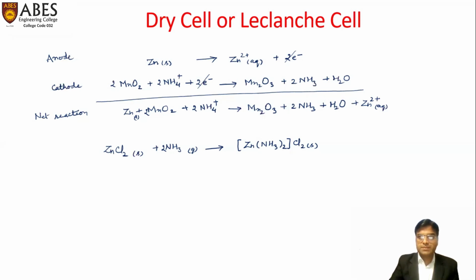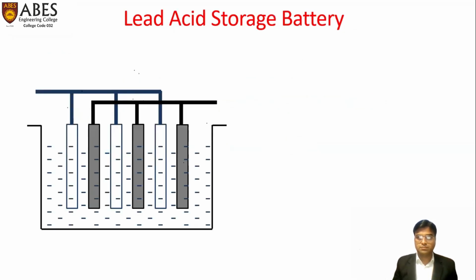Now we shall discuss the construction and working of the lead acid storage battery. This diagram shows the construction of the lead acid storage battery. We can see here are two sets of plates. This set of plates is made up of lead, and this is showing the anode.